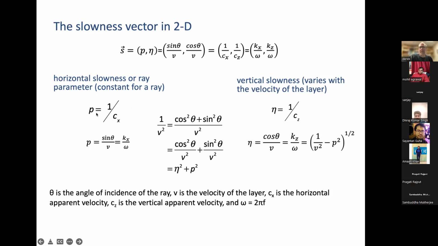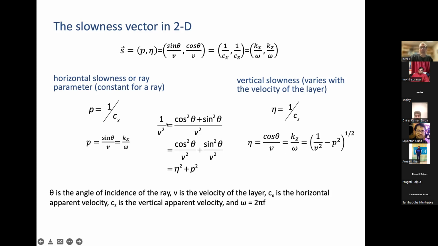So p will be the same no matter what layer your wave is propagating through, whereas eta will vary with the velocity of the layer. And that gives 1 over the vertical apparent velocity, which is cosine theta over v, or k sub z over omega.